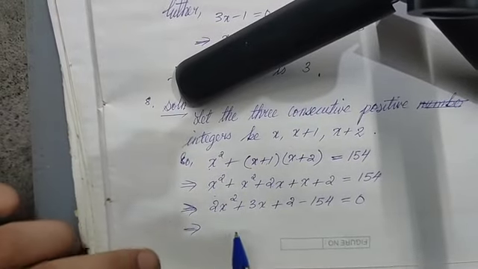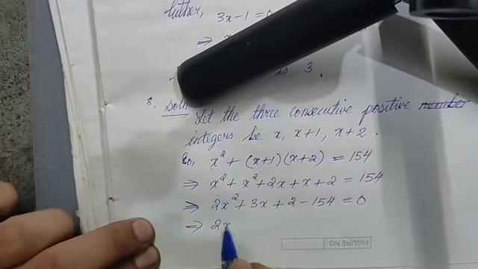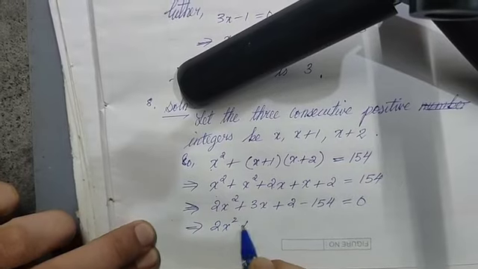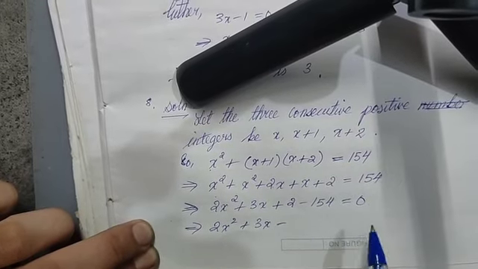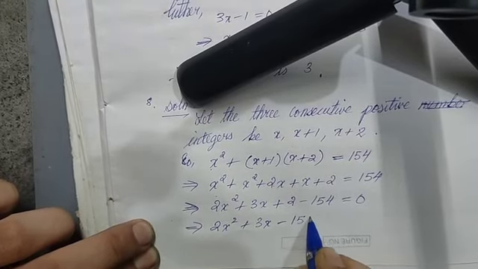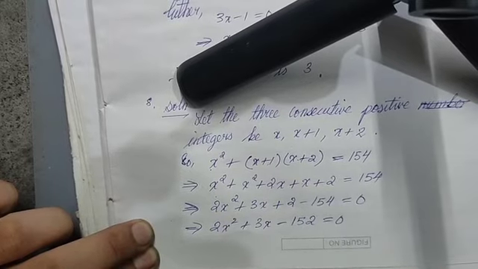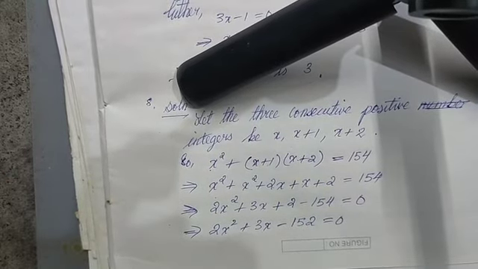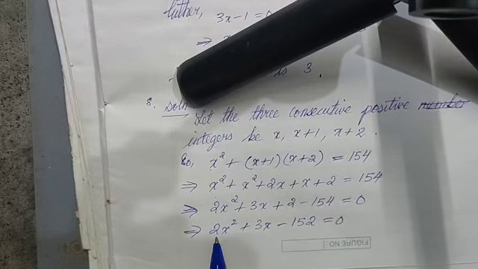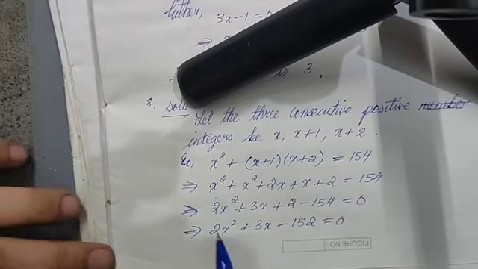That is 2x squared plus 3x minus 152 equal to 0.